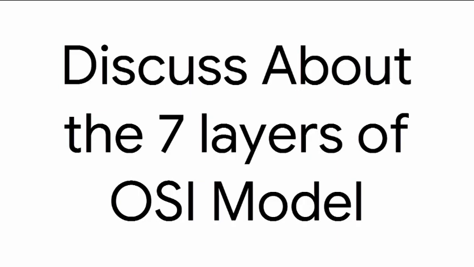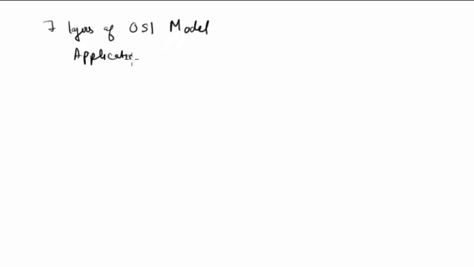Okay, now we discuss the 7 layers of the OSI model. The first layer is the application layer. The second layer is the presentation layer.